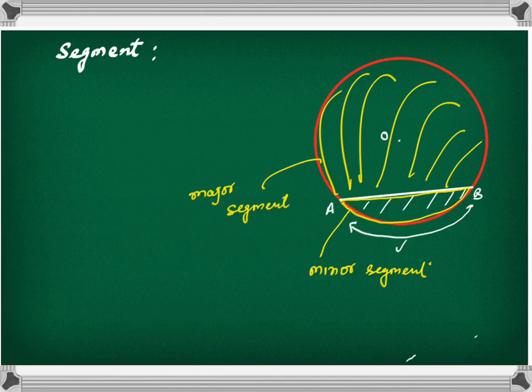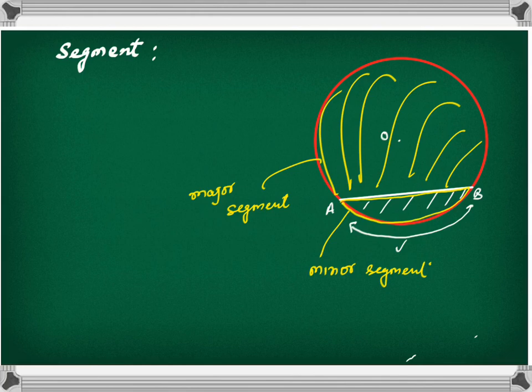The part of the circle bounded by the arc and the chord is called the segment, and the circle is divided into two parts. One is the minor segment and the other is the major segment.